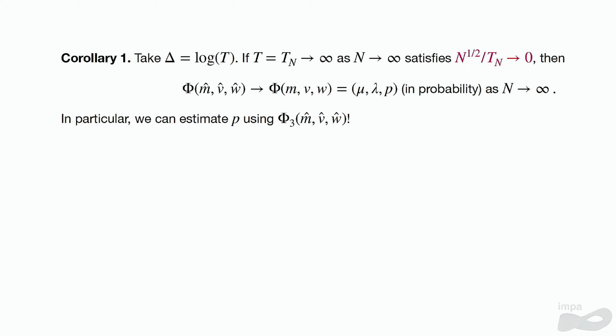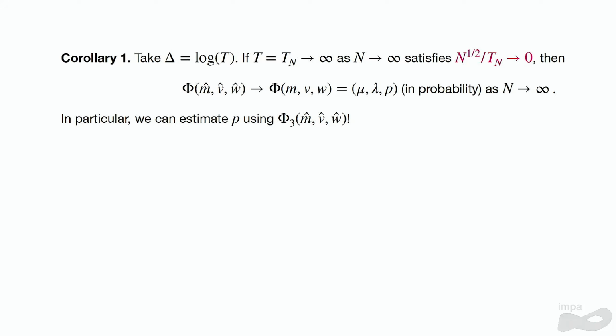And then, at least in principle, the conclusion from everything we have discussed so far is the following. If I take delta like log of t, and I consider this asymptotic setting where t goes to infinity and n goes to infinity, but in such a way that square root of n divided by t_n goes to 0, then I can take the estimators m hat, v hat, w hat and apply them to this function.